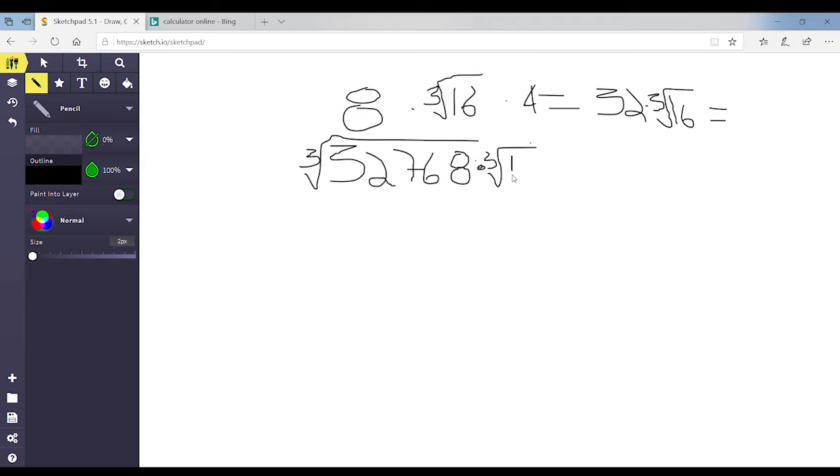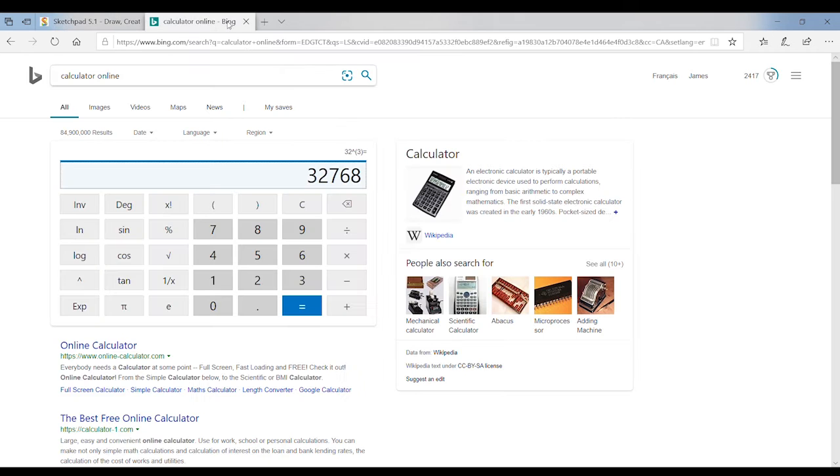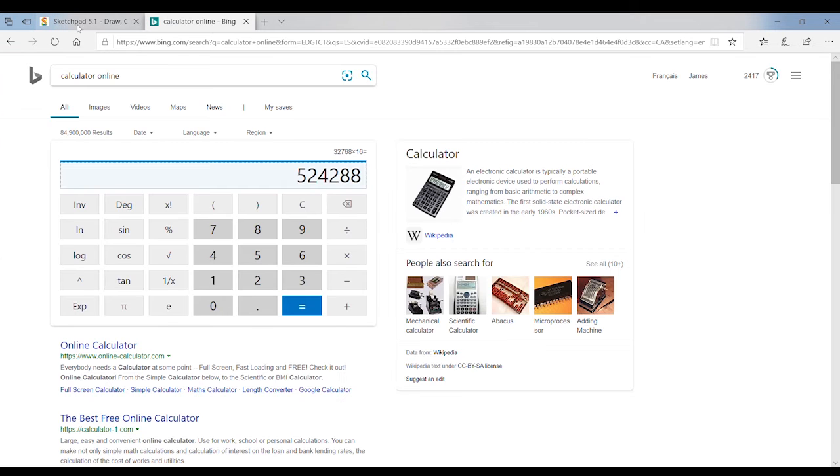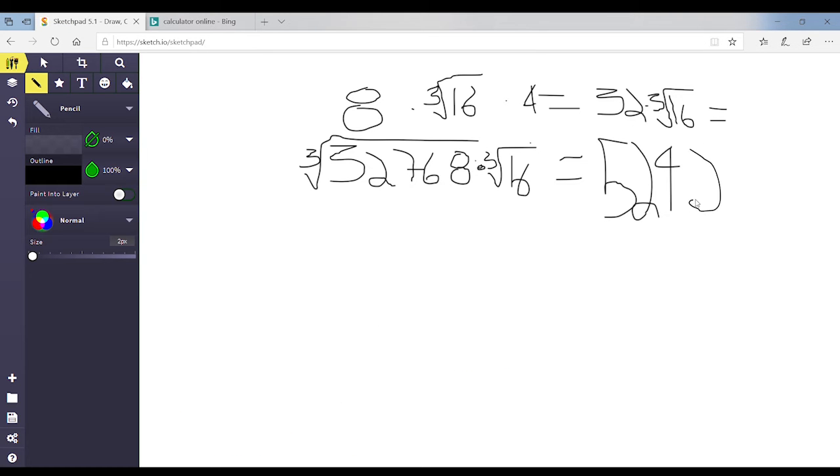Now let's go back to our calculator. What's that times 16? That's 524288, all under a cube root.